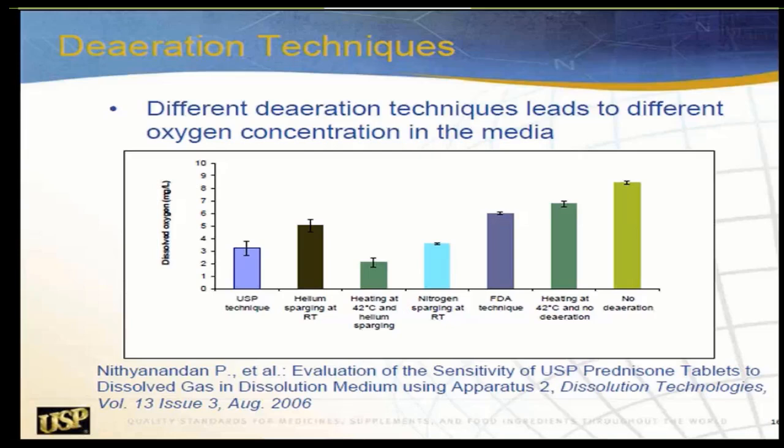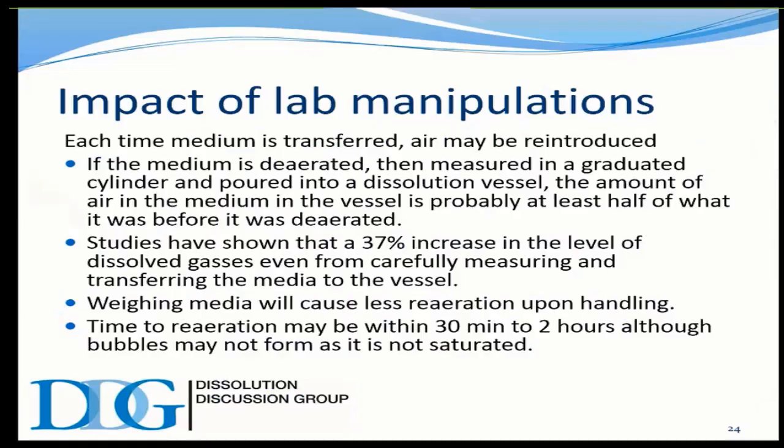And then there's a couple of other techniques, including not deaerating, which is actually a deaeration technique. It sounds like I'm making fun, but it seems to be taken quite seriously in some dissolution environments. So, last slide before our next question: what other deaeration techniques have you tried?